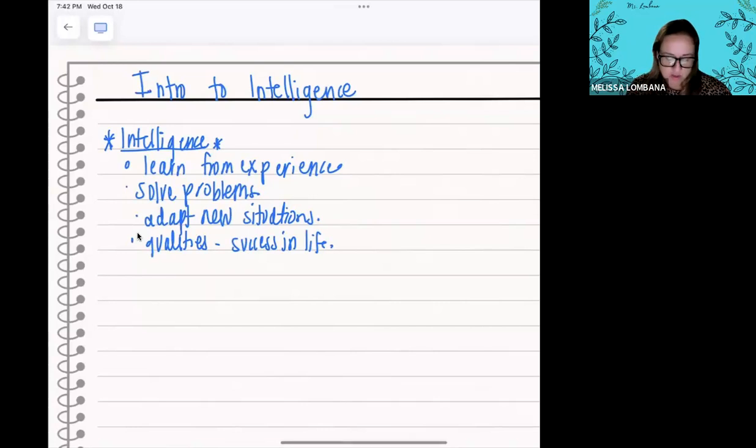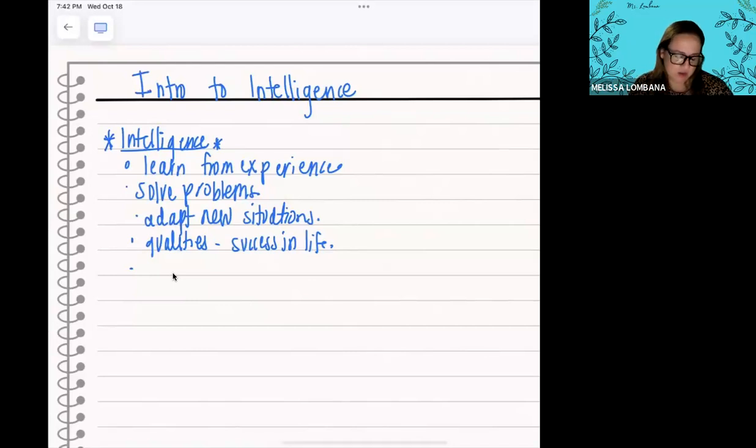You also need to note that culture is going to influence intelligence and how we view it. So make sure you're writing that down. I'm not going to write everything, so I will be looking to make sure you're writing other things other than what's on there. So culture is going to influence how we see intelligence, and it's also going to influence how it's measured. Make sure to write that down.